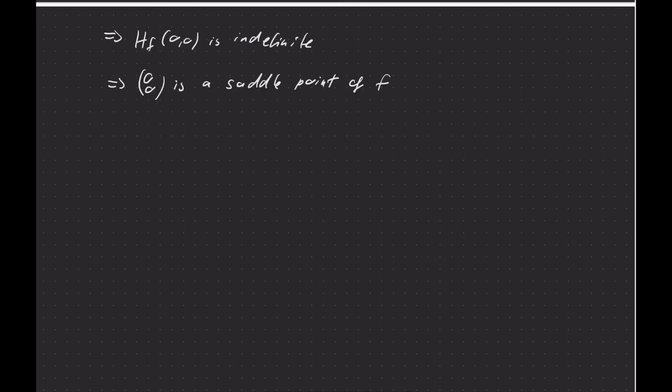Okay, one final example, part C. Let's take another function defined on R squared to R, defined simply as x1 times x2. So we just take that mixed part and see if that makes any sense here.